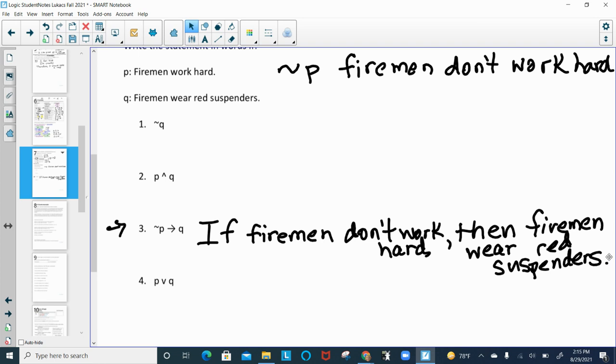Okay, let's get started. Hopefully number 1 was pretty easy because all you had to do was take the Q and put the word "not" or "don't" or something like that into it because it doesn't have one. See here it says "firemen wear red suspenders." Well, the opposite of that is firemen don't or can't or won't wear red suspenders. I'm going to use "don't."